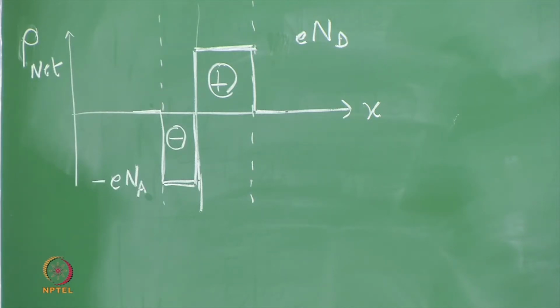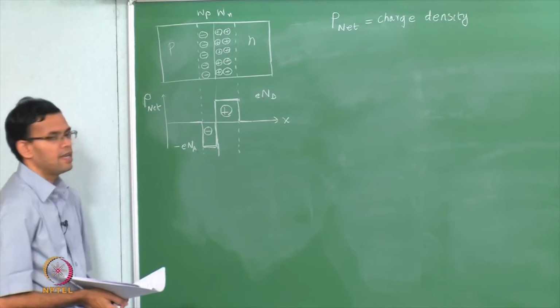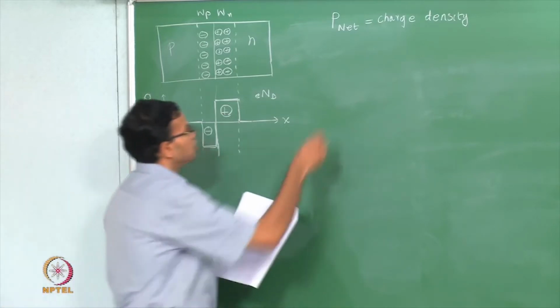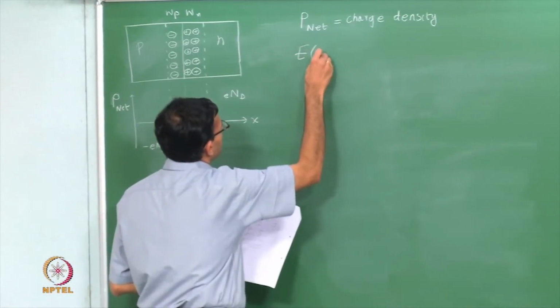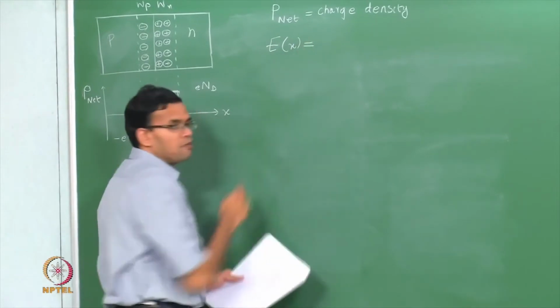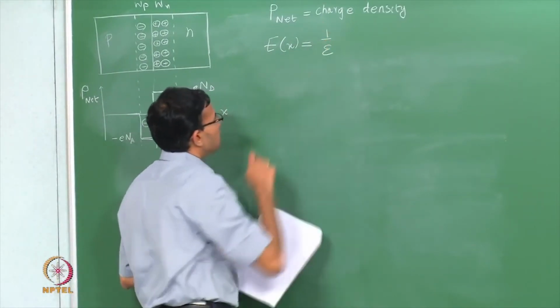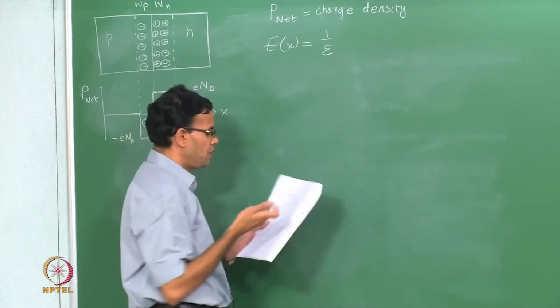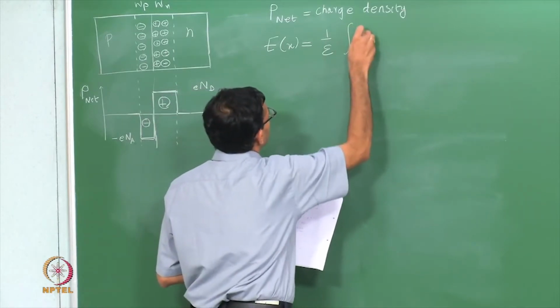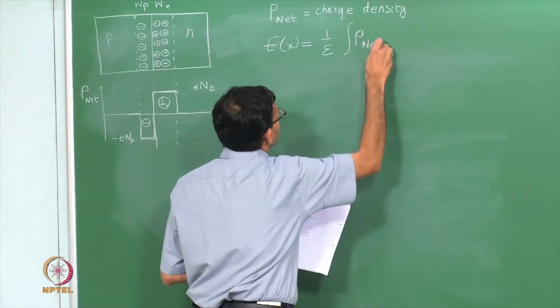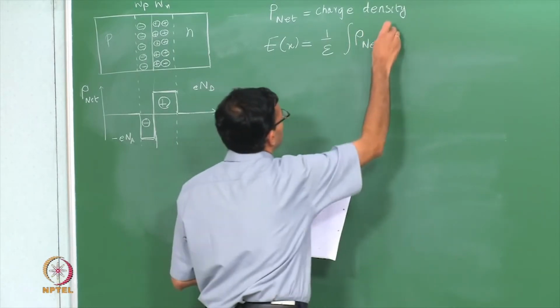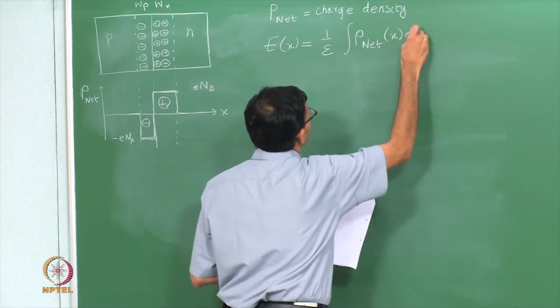We can relate the charge density to the electric field. The equation is electric field E as a function of x is just 1 over epsilon, where epsilon is the permittivity of the material, integral rho net as a function of x dx.